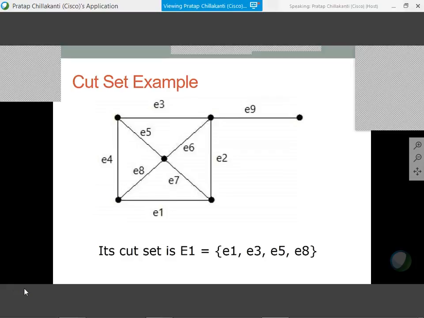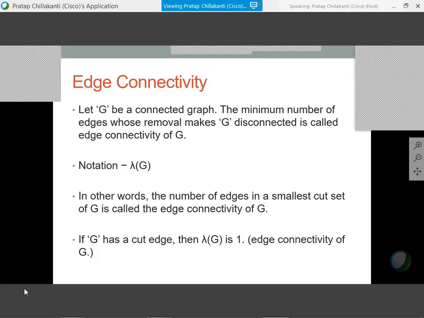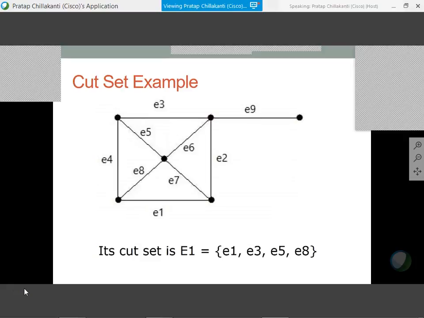I'm pausing so that you can visualize that. I was thinking I'd make it a group exercise, but I did not.